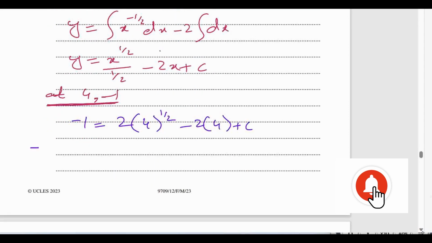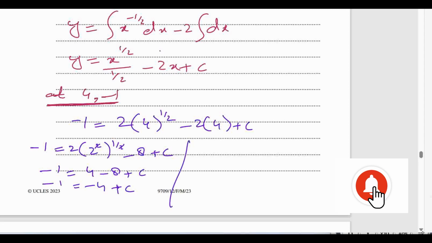So minus 1 is equal to 2 into 2 square whole power 1 by 2 minus 8 plus c. So these two will be cancelled out. So minus 1 is equal to 4 minus 8 plus c. Minus 1 is equal to minus 4 plus c. So c will be equal to 4 minus 1. So c will be equal to 3.